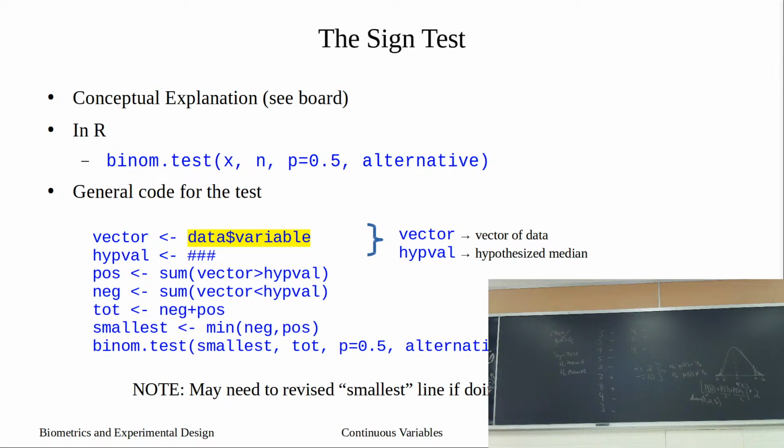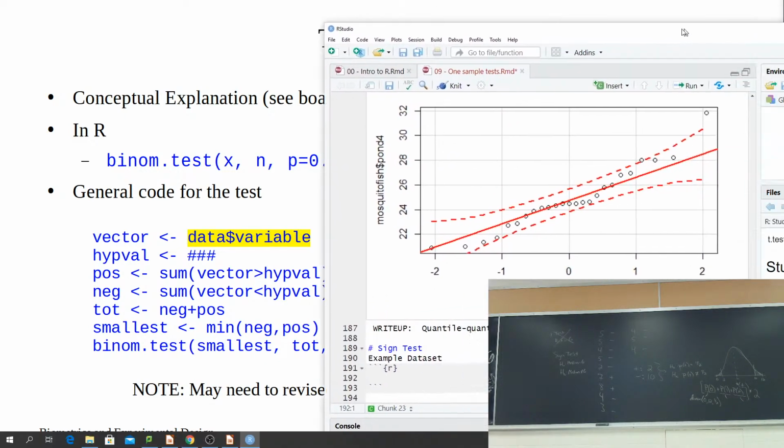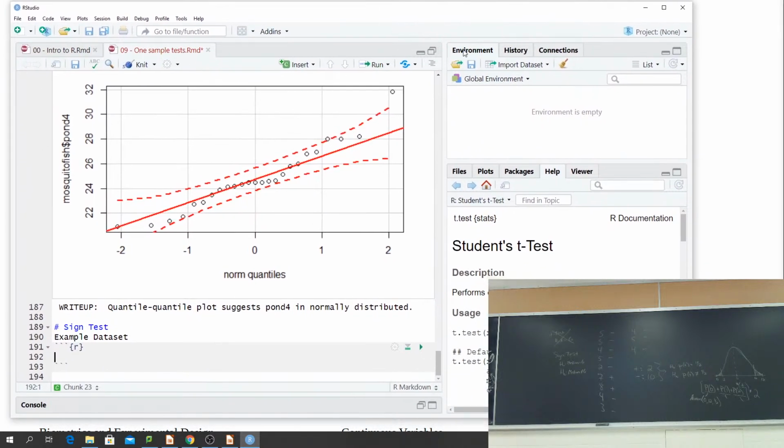So let's open up RStudio and let's do a quick example where we know we violate normality. We're going to introduce our sign test.